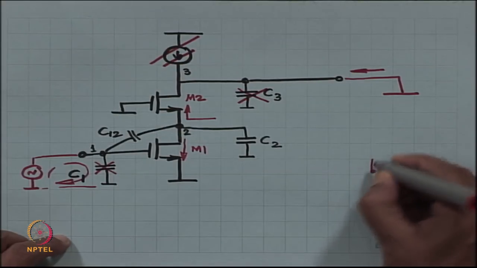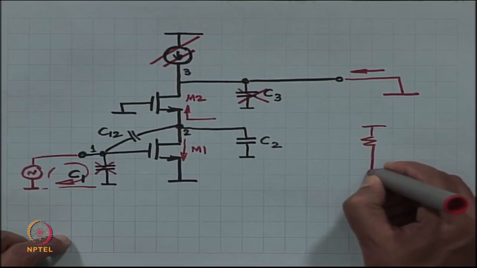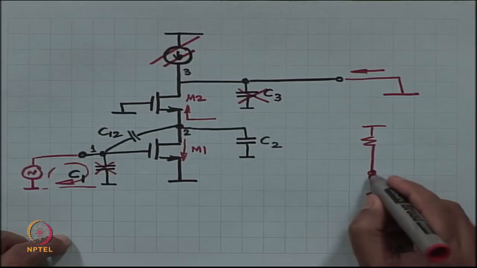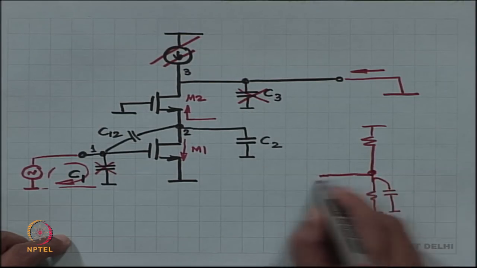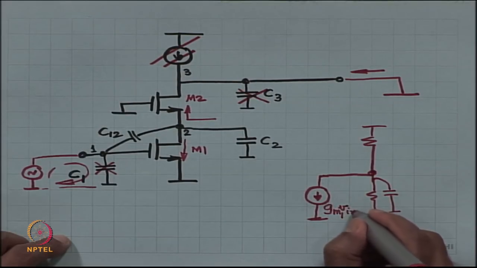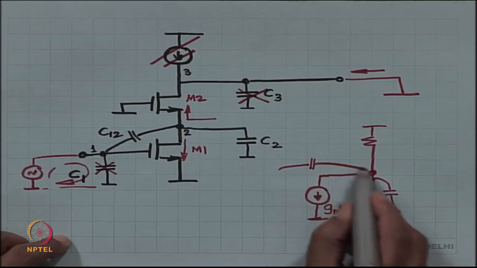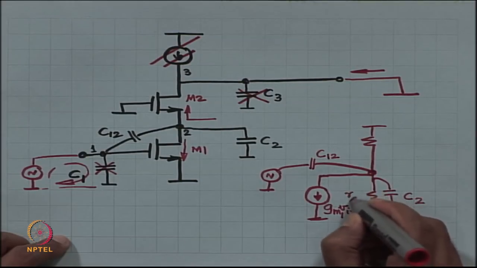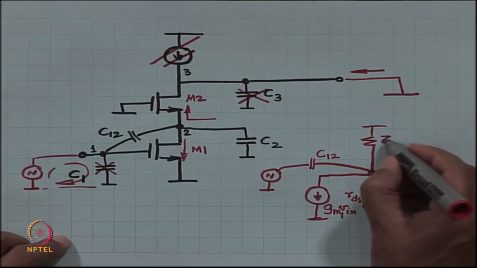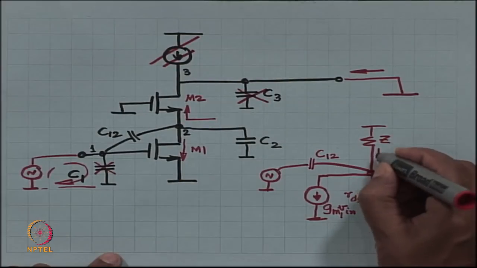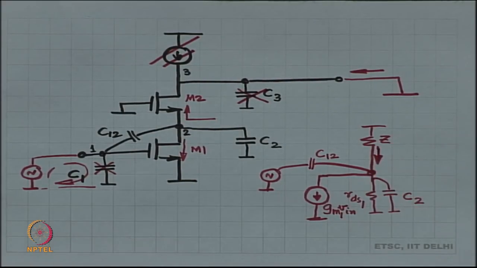So, in other words, my setup is like this: some Z, where Z is really 1 by GMB plus GM of device number 2, approximately. This is what I want to solve.